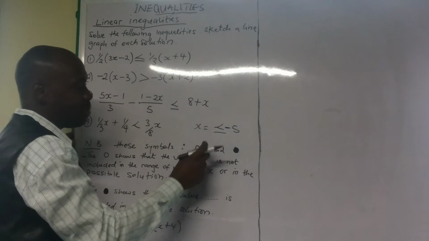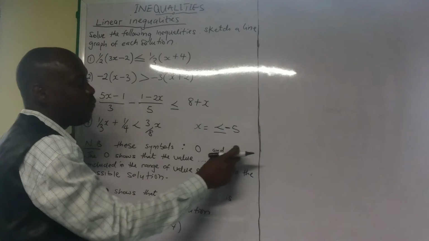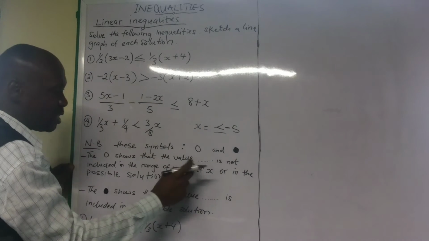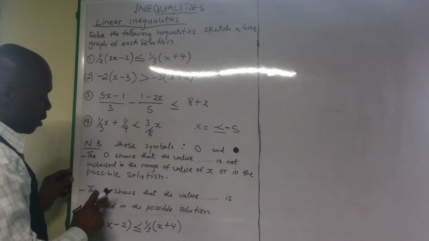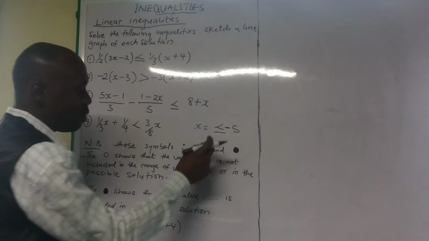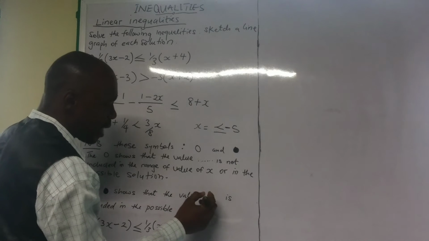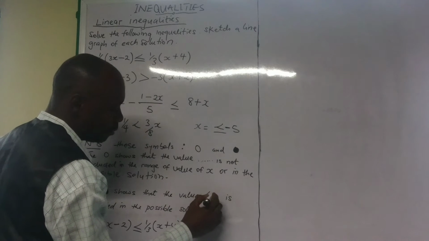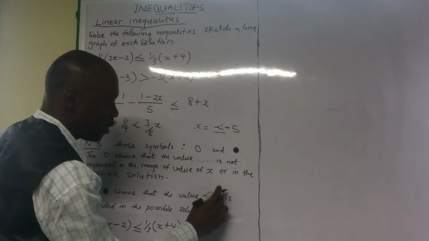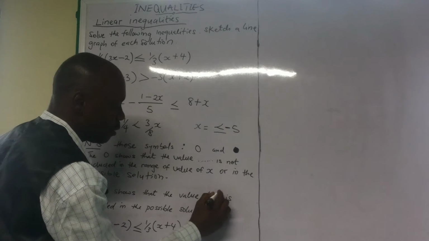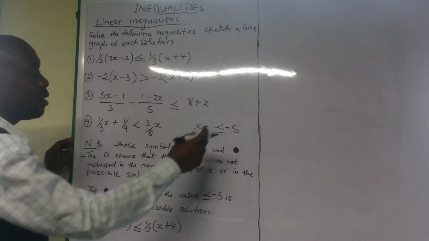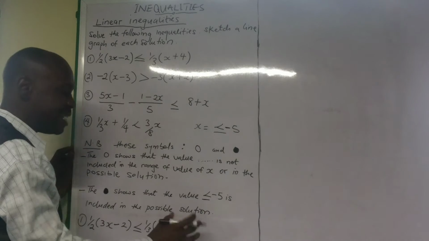Because of this sign, we can only go for this one. This symbol shows that minus 5 is included in the possible solution. That means less than or equal to is included.